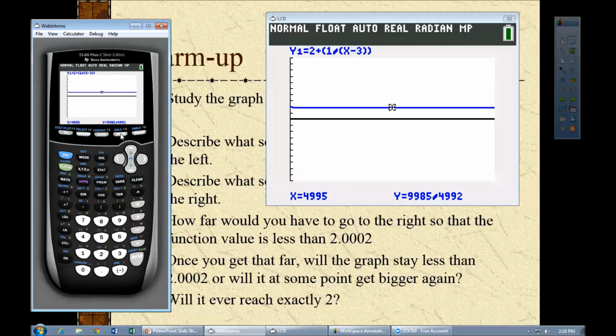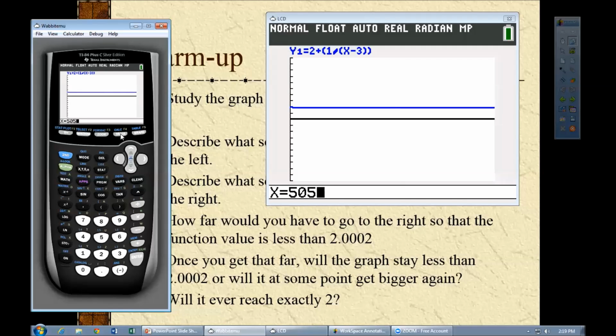Even these fractions I see, the top is just a little more than twice as much as the bottom. And notice this, somewhere in the 5,000s, we've gone from 2.0002 down to 2.0001.